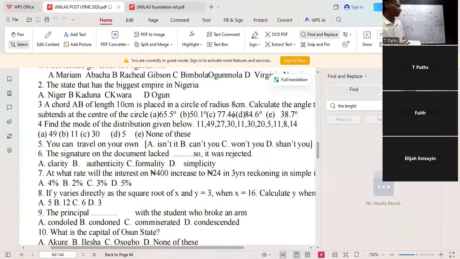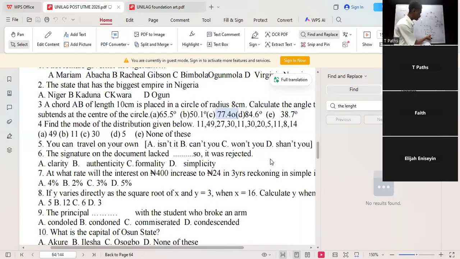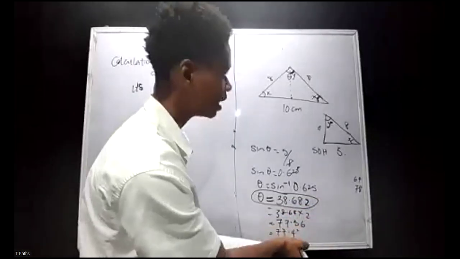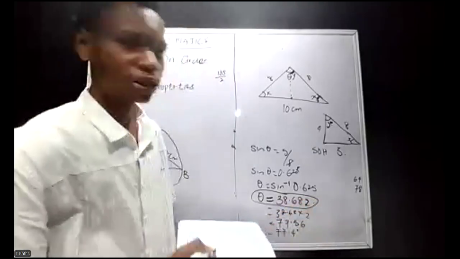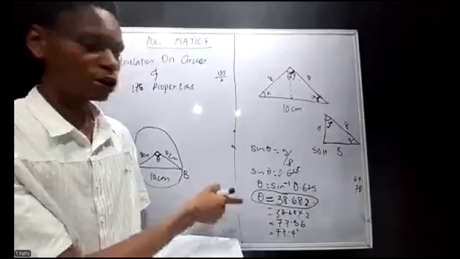If you look at the options in the question very well, you'll find an option that says 38.7. If you stop at this point and say 38.7, you see an answer in the options that correlates with what you worked with, but you are wrong because you've not gotten the final answer.